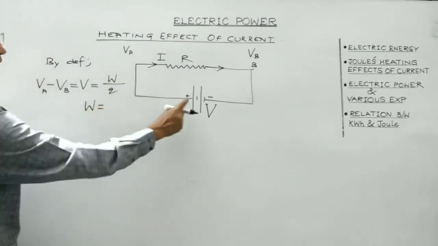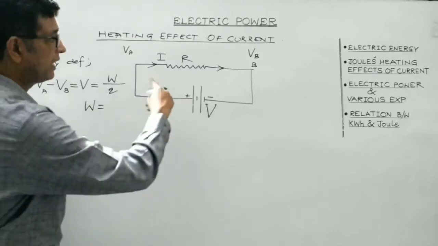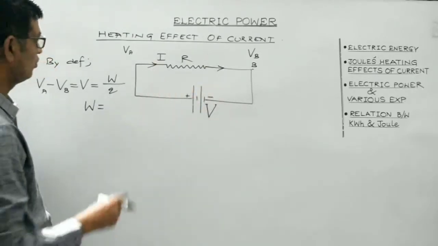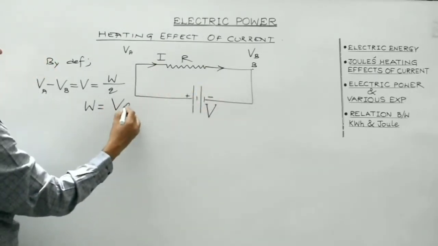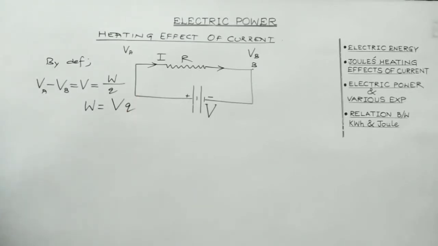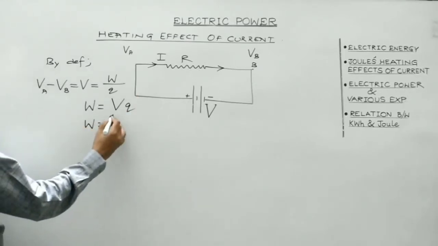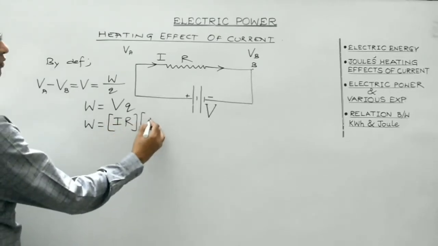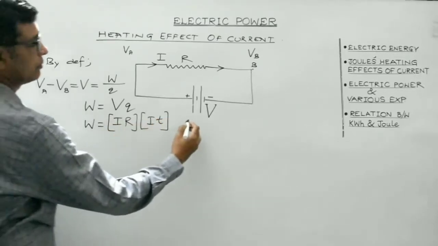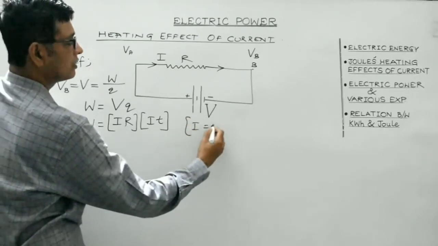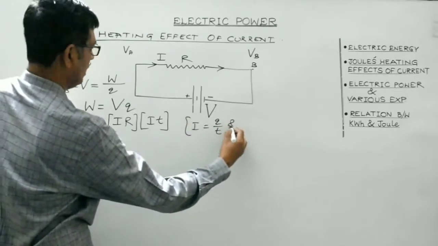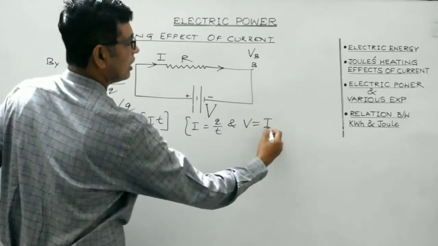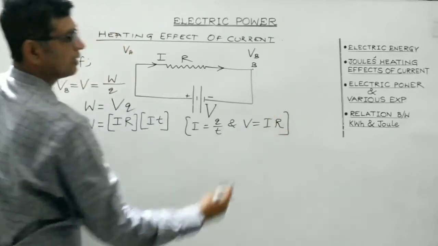So the work done by this source of EMF in maintaining a constant current would be given by potential difference multiplied by charge. Now, as we are aware from Ohm's law, V is equal to I R. Q in terms of current would be I into T, because we are aware current is the rate of flow of charge, and potential difference is I multiplied by the resistance offered by the conductor.